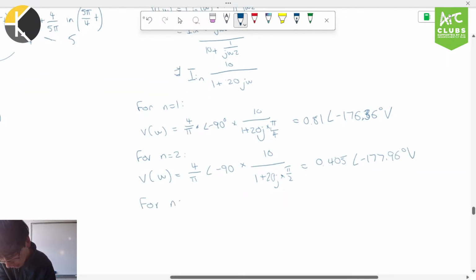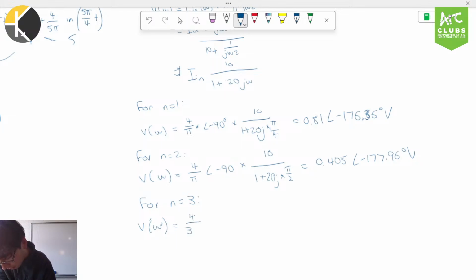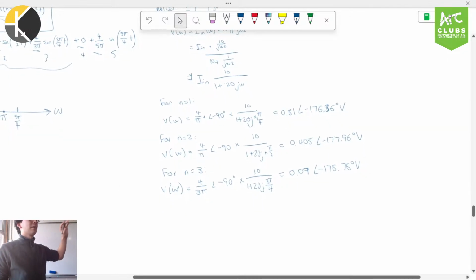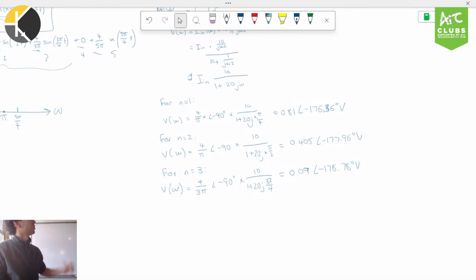Lastly, for our last harmonic, we have 4 on 3 pi, -90. Same thing, but we have 3 pi on 4 in this case, which gives us 0.09 with an angle of -178.78 degrees, in volts. Does that make sense how I've calculated each harmonic there? Just multiplying the input harmonic with the transfer function.